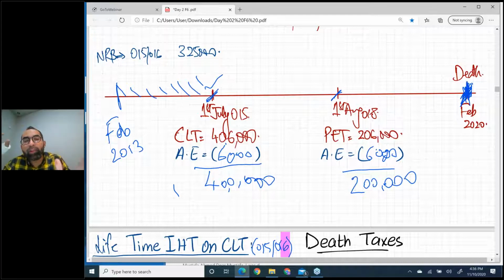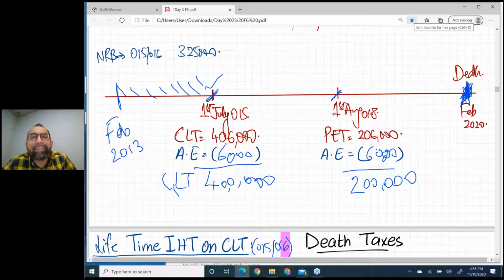The first thing that will come is the CLT. And if you look at this question, you can easily see that the person died within 7 years of the CLT.